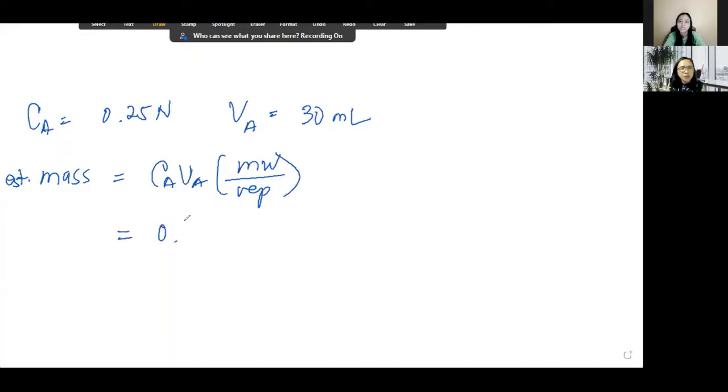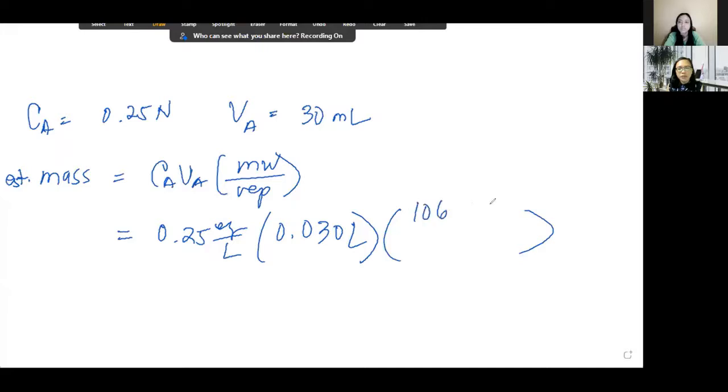Okay, CA is 0.25 equivalents per liter. Volume is 0.030 liters. That's 30 ml. And then we have here molecular weight. That's 106 grams per mole. And then replaceable is you have 2 equivalents per mole.